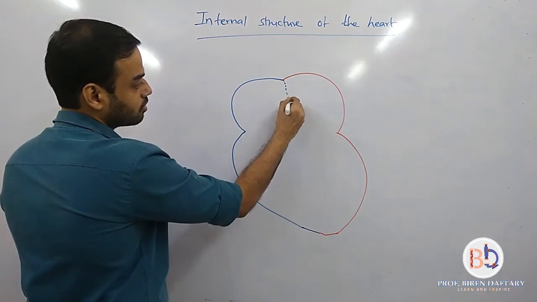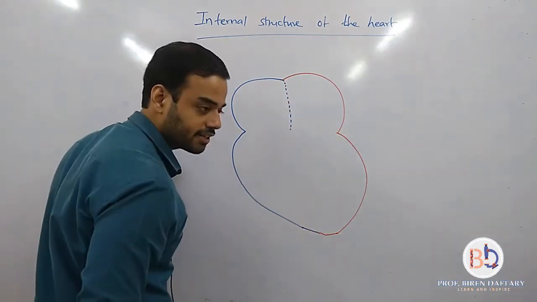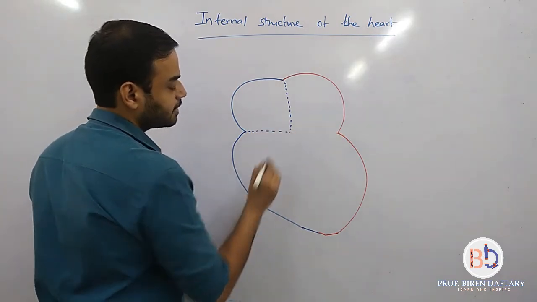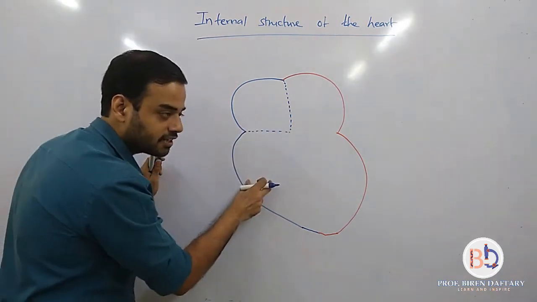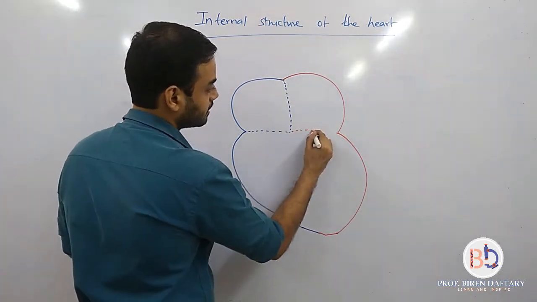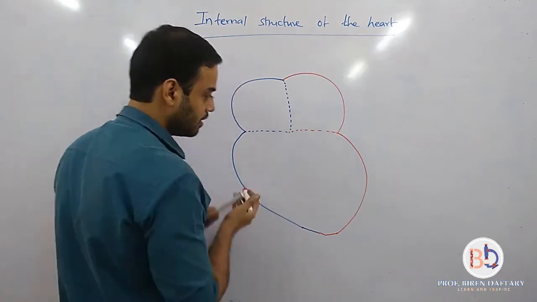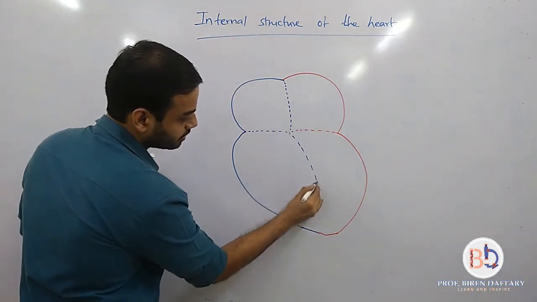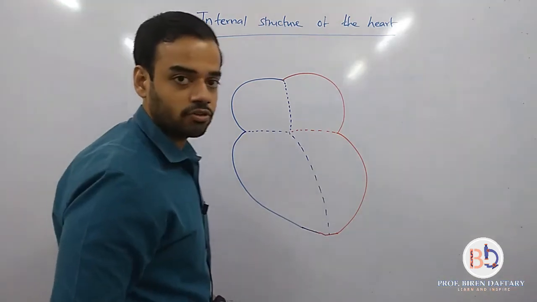This is the wall present between the atrium and the ventricle. Similarly, this is the wall present between the left atrium and the left ventricle, and the wall present between the two ventricles, which is over here, is called the interventricular wall.